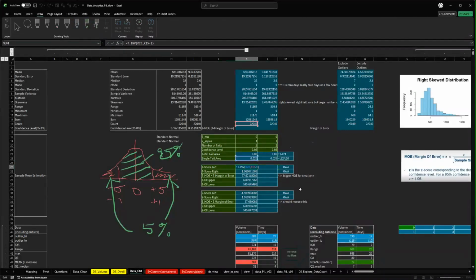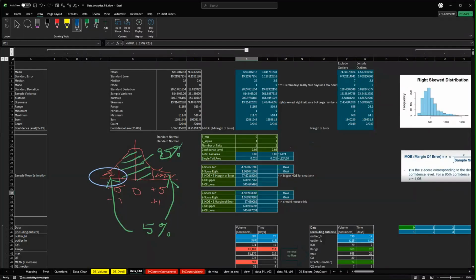So okay, then we know what a z-score is. The z-score basically refers to the distribution of the population. The z-score here corresponds to the single tail area of 2.5%. That's over here.